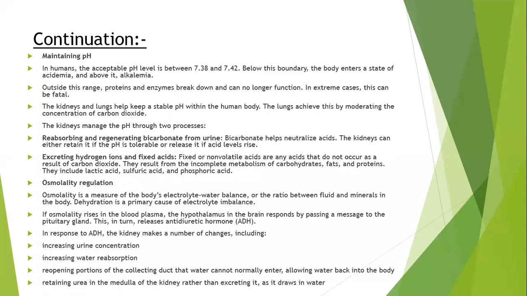This in turn releases ADH, the antidiuretic hormone. In response to ADH, the kidney makes a number of changes, including increasing urine concentration, increasing water reabsorption, reopening portions of the collecting duct that water cannot normally enter, allowing water back into the body, and retaining urea in the medulla of the kidney rather than excreting it as it draws in the water.